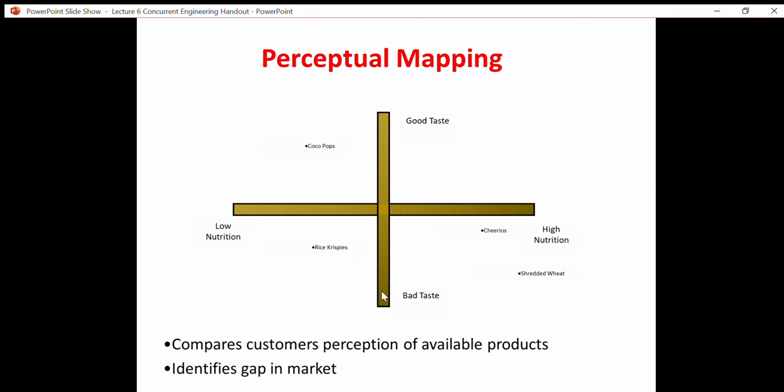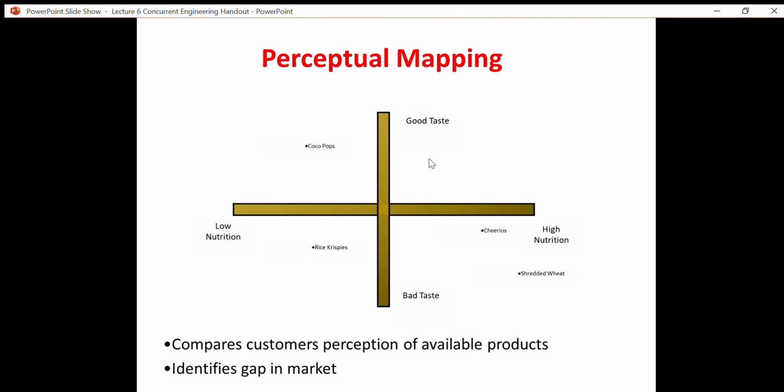We can compare the customer perception of the available products, and then we can see the gap. Of course, this section, good taste and high nutrition, is the best, so we should target our product to this particular area.